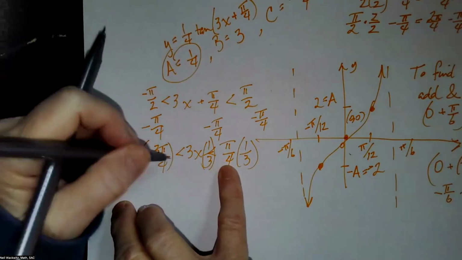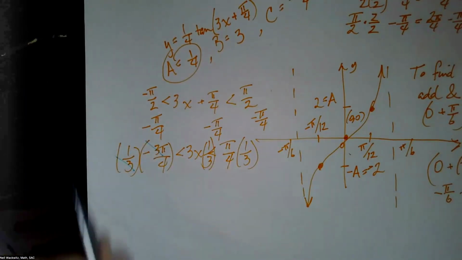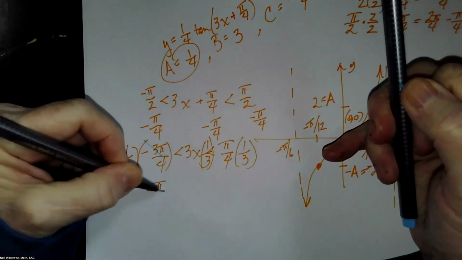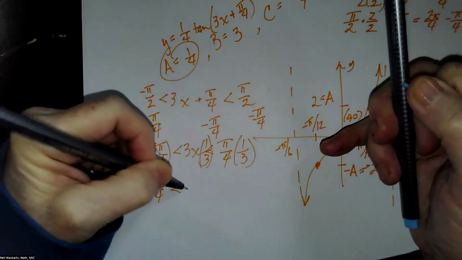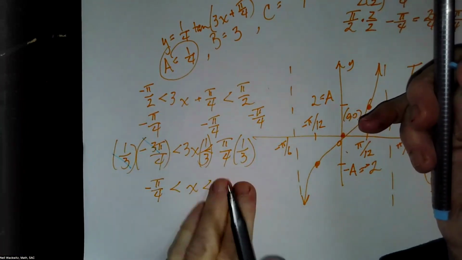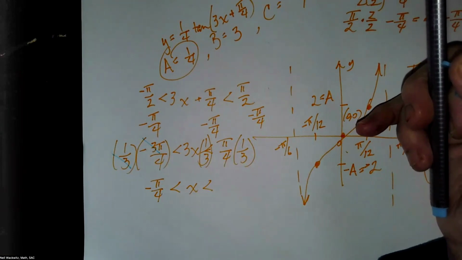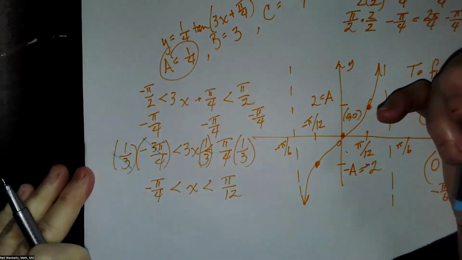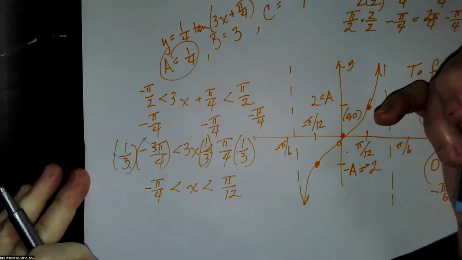Cancel them out. Good. And we're left with negative pi over 4. On the right, nothing to divide out. It looks like we're just going to have pi over 12. Is that right? Yep.